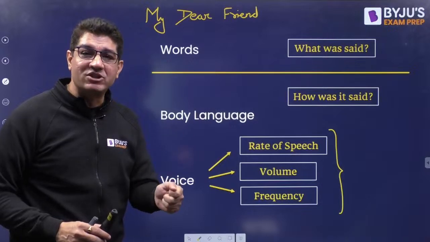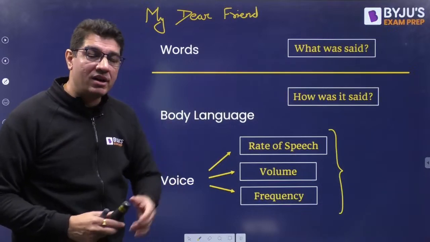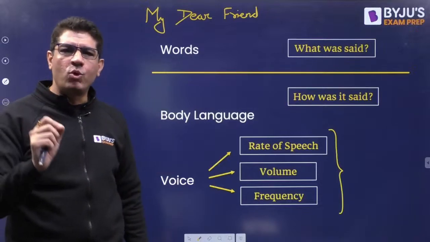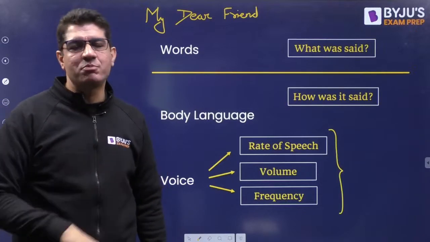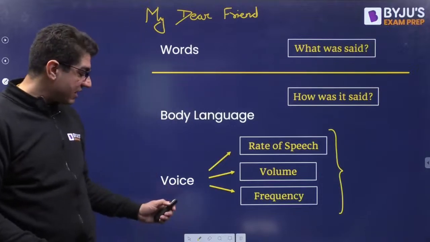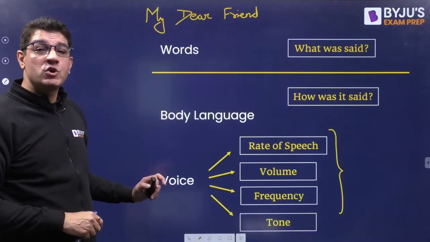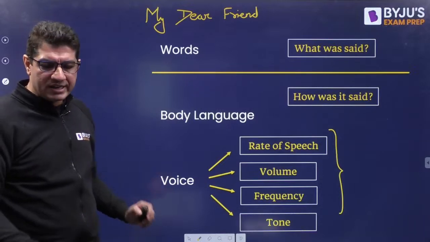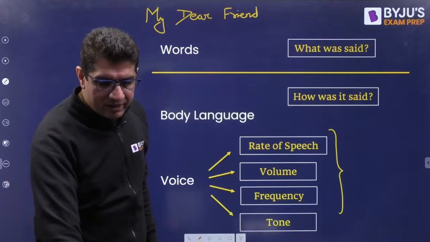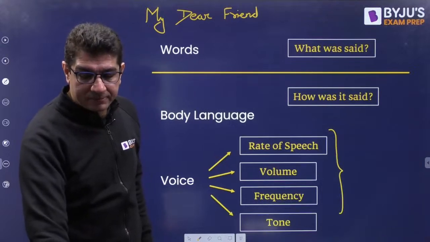Change your rate of speech, change your volume, change your pitch. But then there is one more very, very important component of our voice, and that is called the tone. So what exactly is the tone? What do you understand by that?